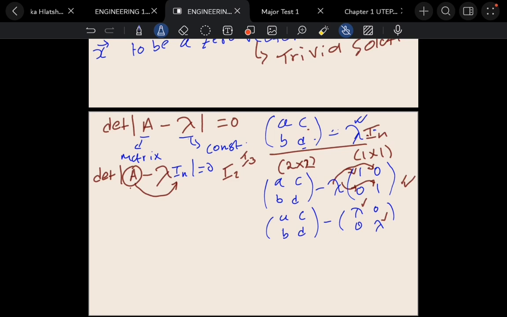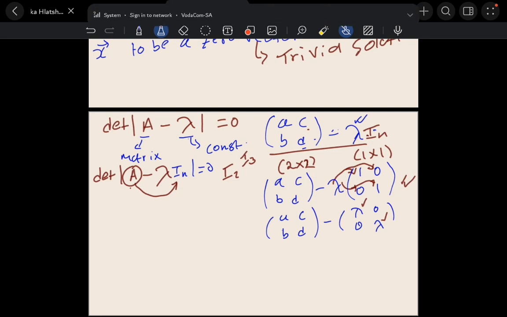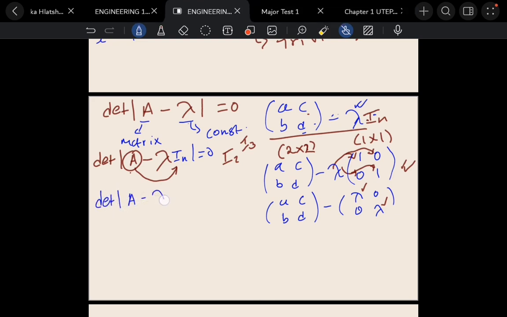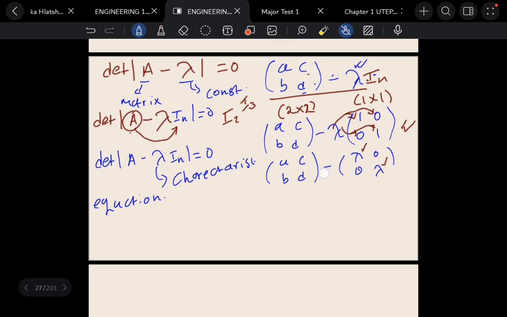It's always going to depend on the matrix A and its order. This thing, the determinant of A minus lambda I_n is equal to 0, is called the characteristic equation, right?